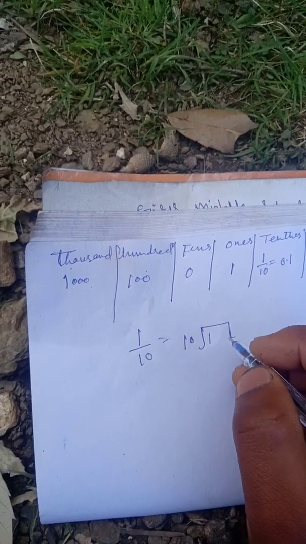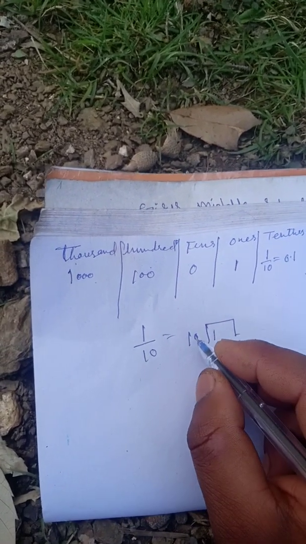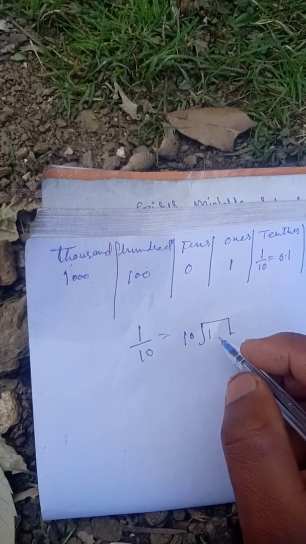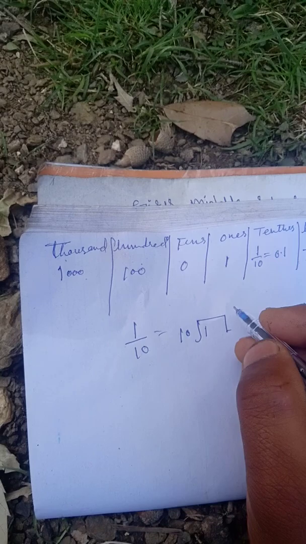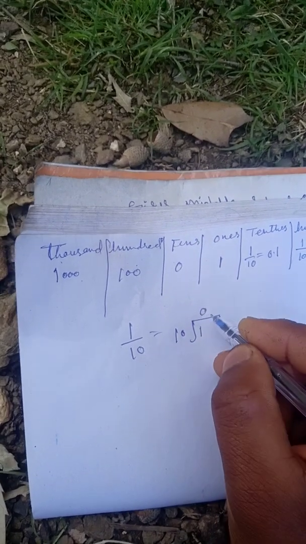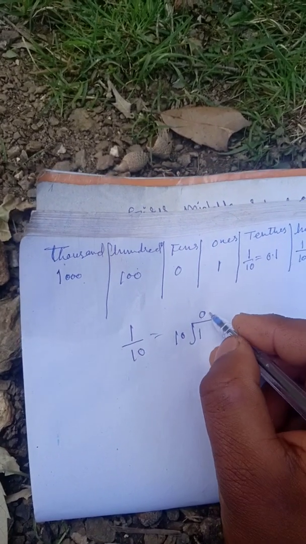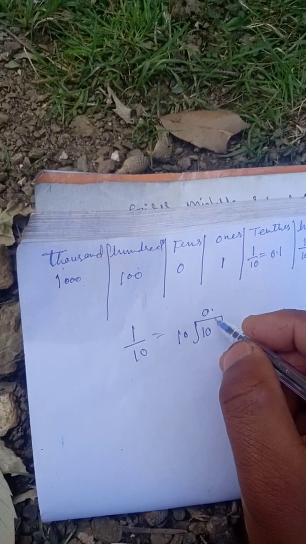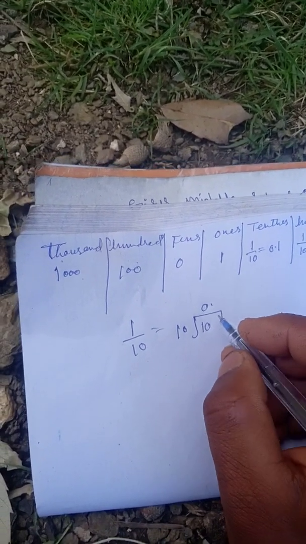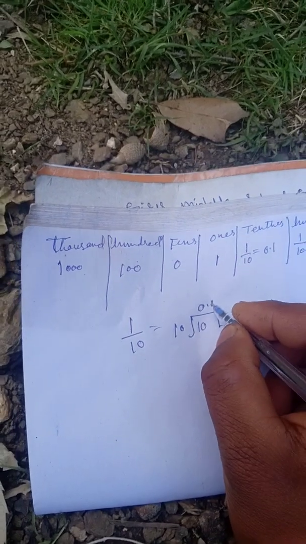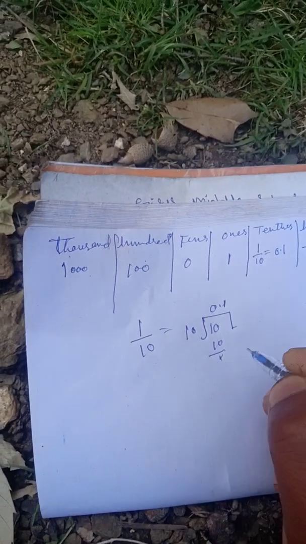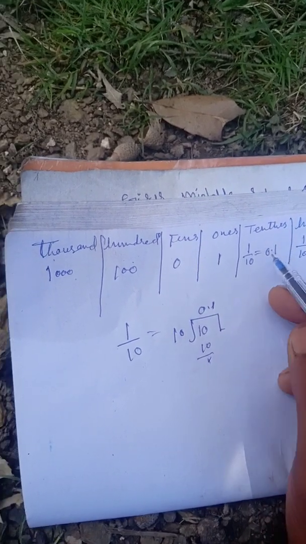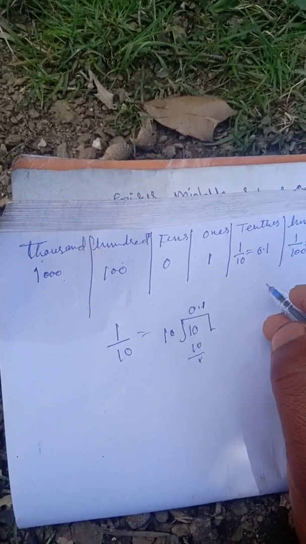And students, 1 is not divided by 10, so we take 0 as a coefficient and take a point and write 0 here. So 10 ones are 10, so this value is right here.